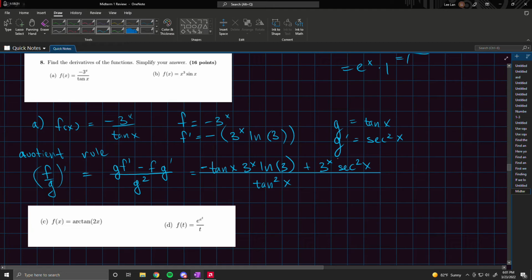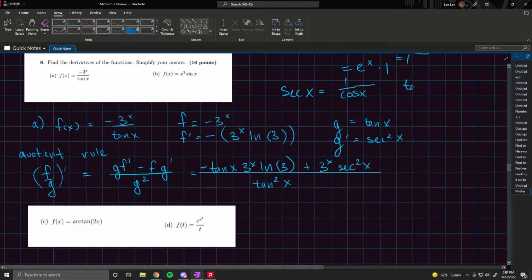Is there any sort of simplification we could do? Secant is the same thing as 1 over cosine. Would that help?